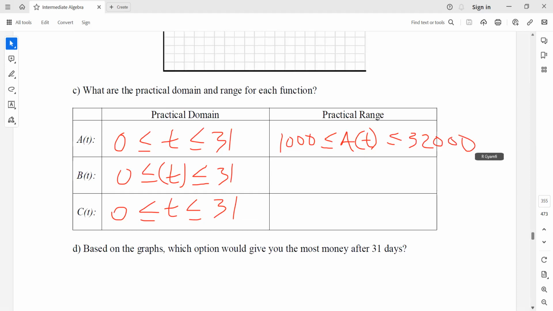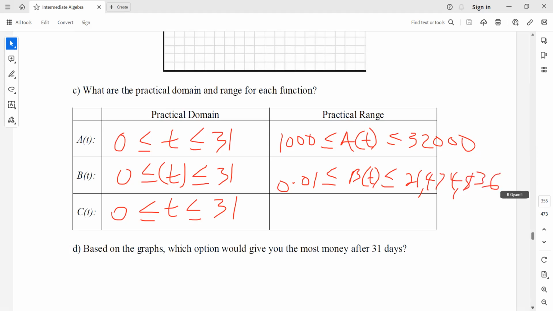For B of t, we started with a penny. Then we ended with 21,474,836.48. And then for the constant, you have C of t equals 30,000. For that, nothing is going to change, right? Because it's constant, so it's not going to change.